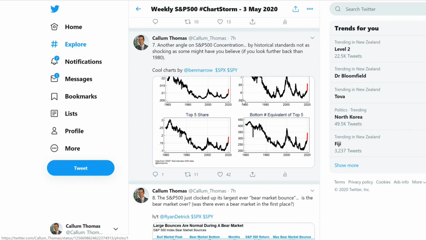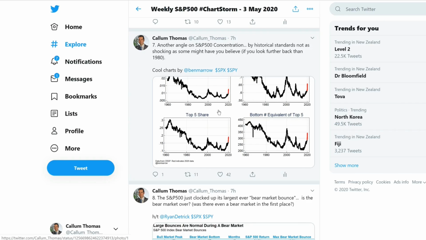So this is really quite an interesting set of charts here. It's another angle on the matter of concentration, and there have been quite a few charts going around lately about how concentrated the market has become, like what portion the top 5 companies of the S&P are now making up. For the charts that don't go back further than 1980, it's at record levels, and it's all very astonishing and shocking and sensational.